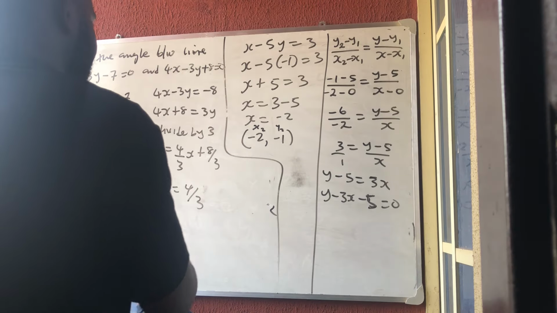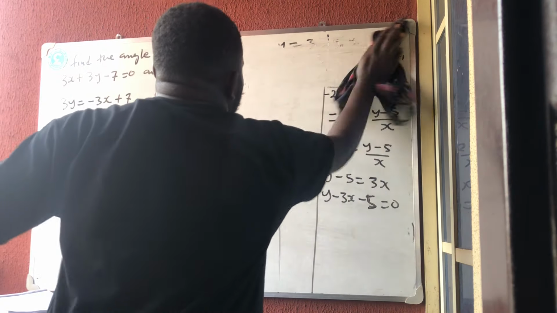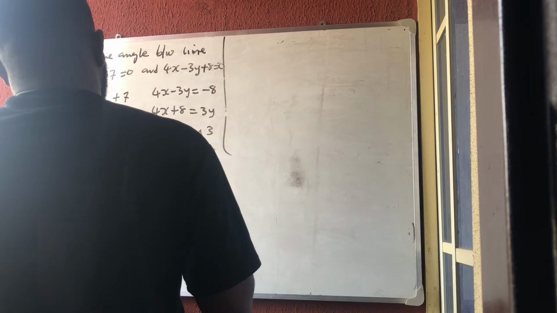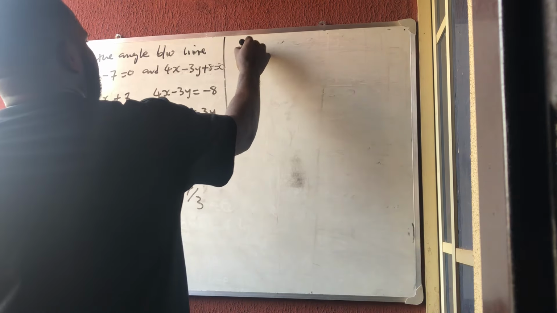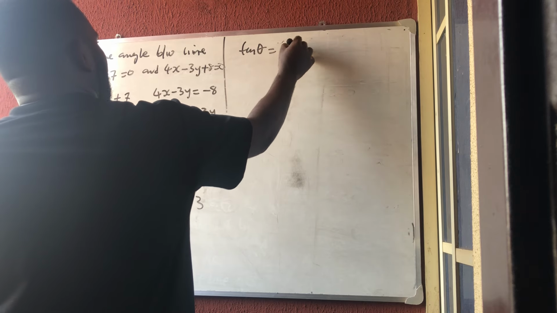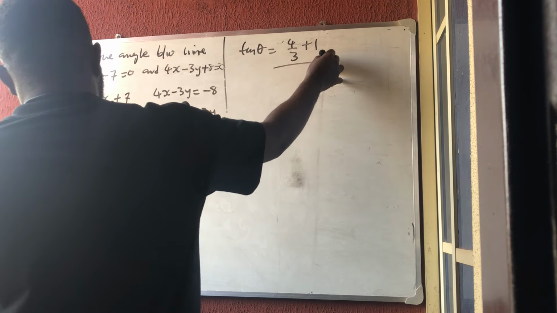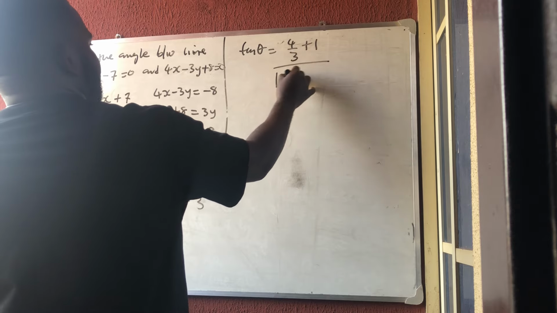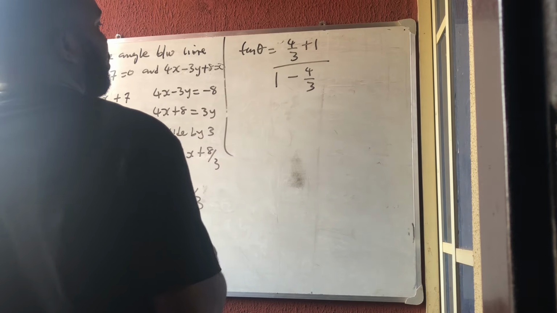So what am I having now? I'm going to have that tan theta is equal to 4 over 3 plus 1 all over 1 minus 4 over 3. So what do we have now?